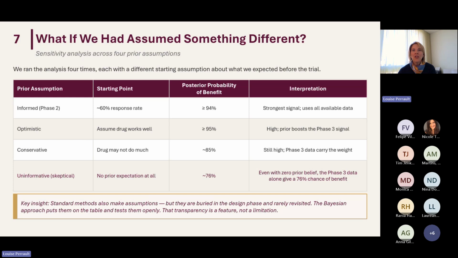So a fair question to ask at this point is, well, you chose what to bring in for the earlier study. What if you had assumed something different? Would the answer change? That is exactly the right thing to ask at that point, and it's exactly what we tested. We ran the analysis 4 times, each time with a different starting point.